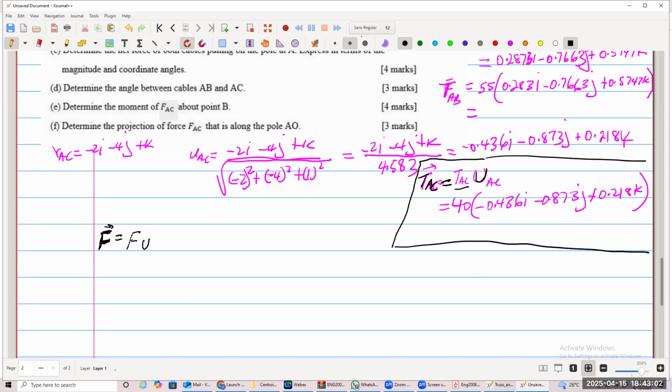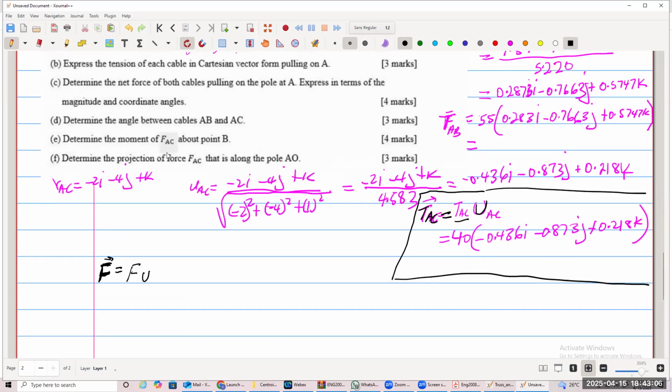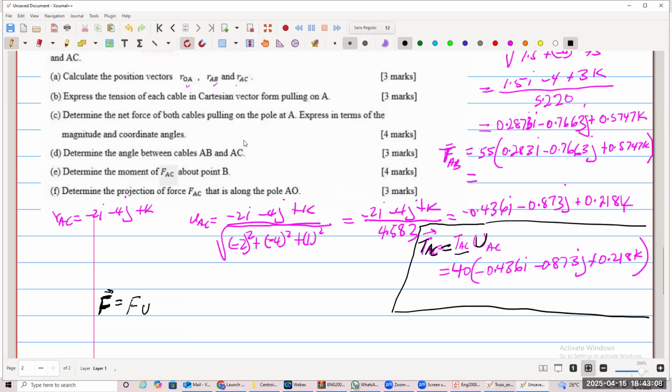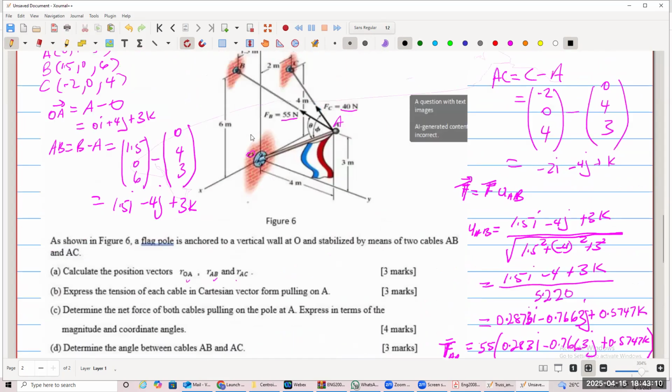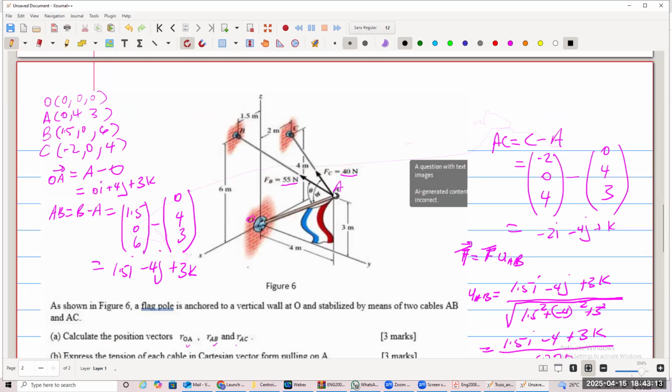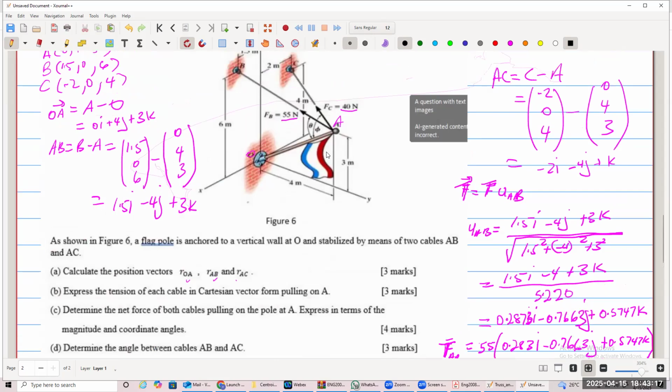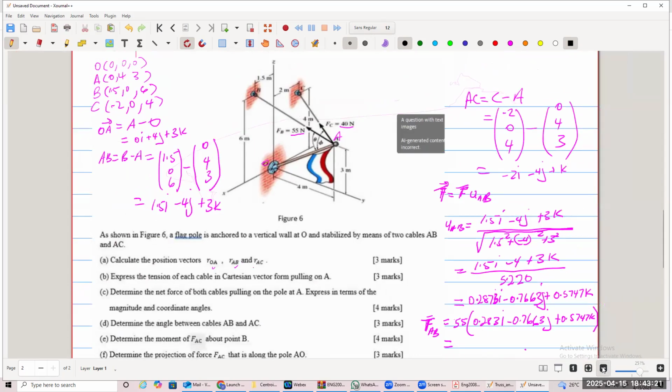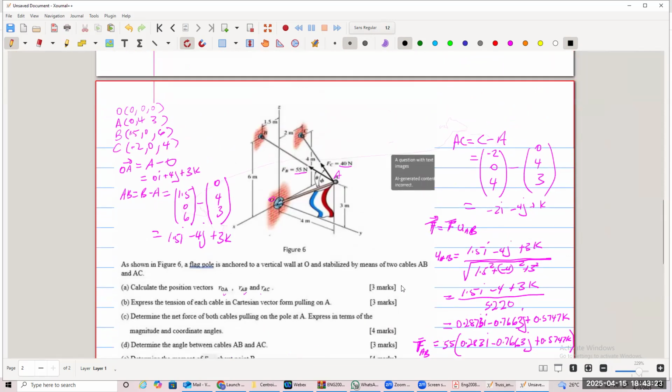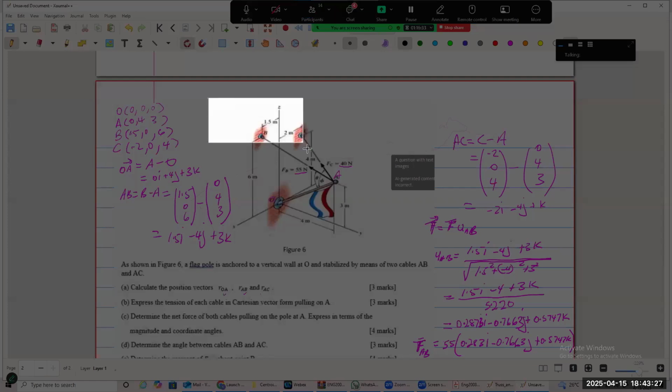And now the next part, they say you have to find the moment of AC about B. Who can tell me how to do that? Let me see if I can get this a little bit smaller. I'm going to take out the figure again, just the figure itself, and you look at it and tell me how to do it.